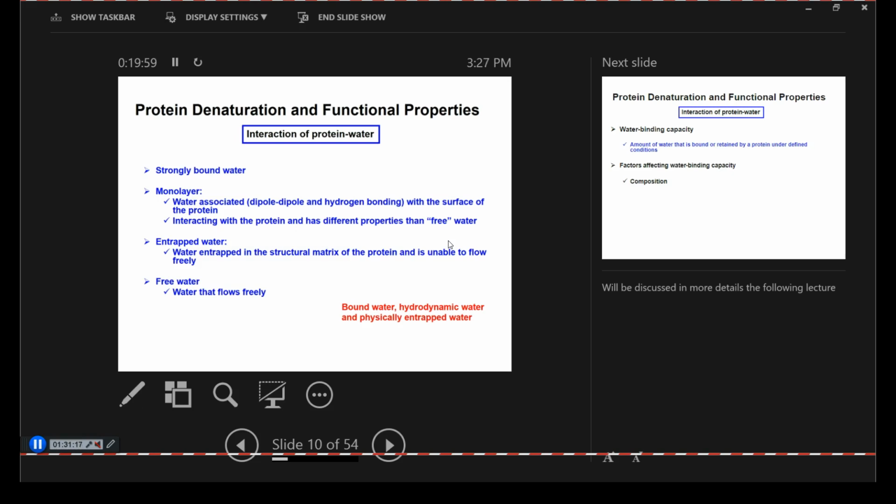Entrapped water is the water that is entrapped in the matrix of a protein, like the three-dimensional matrix of the protein. So it's physically entrapped, not necessarily chemically bound. This is physically entrapped water that is unable to flow freely. Think about water in the gel matrix.